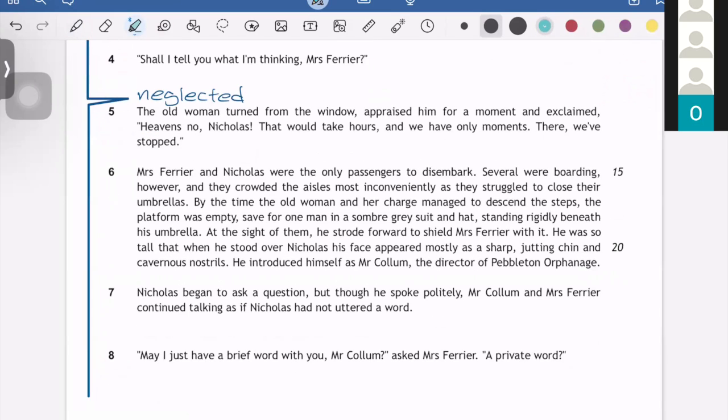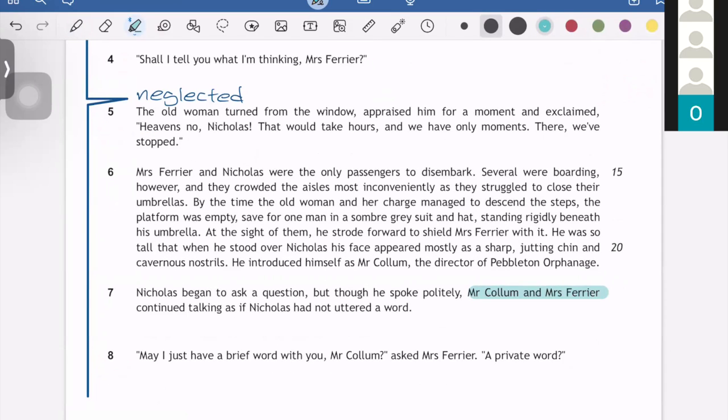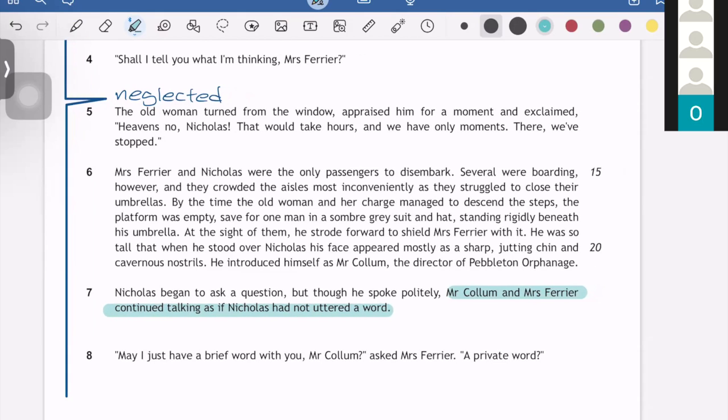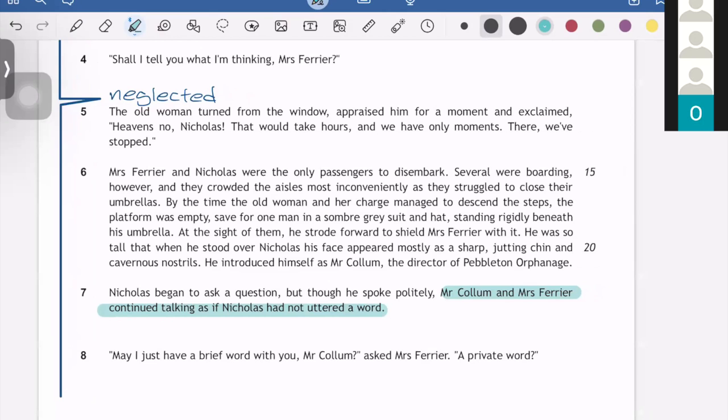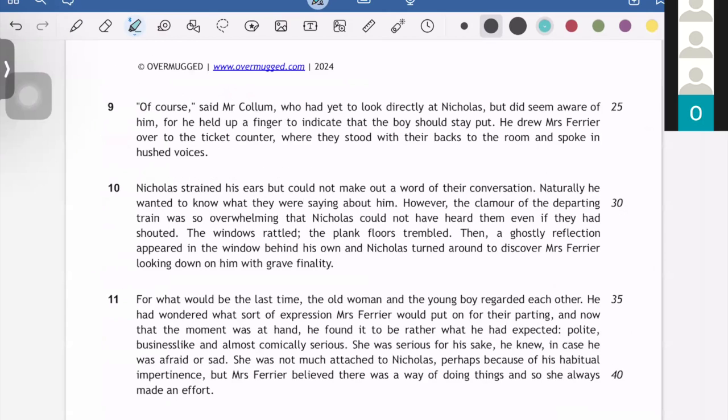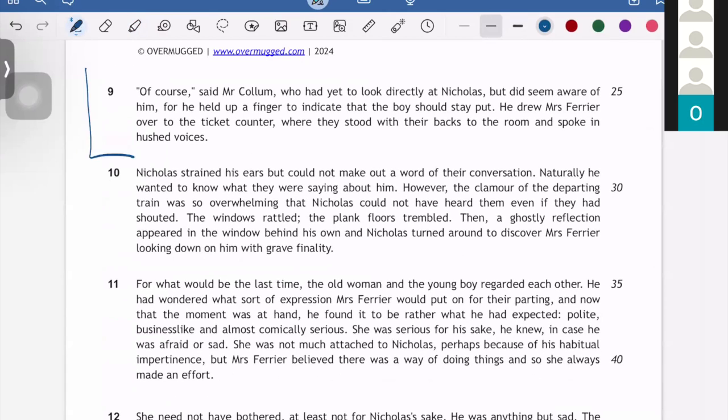From here, this is where they ignored him. This is a continuation of just now. Here as well, they did not even look at him directly. They were not aware of him at all.